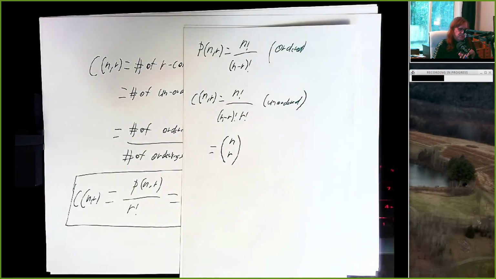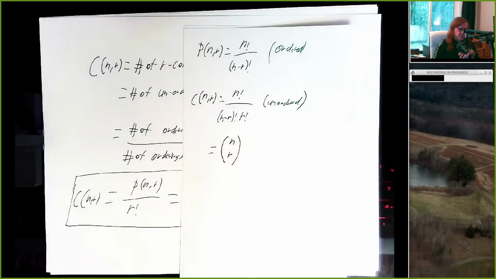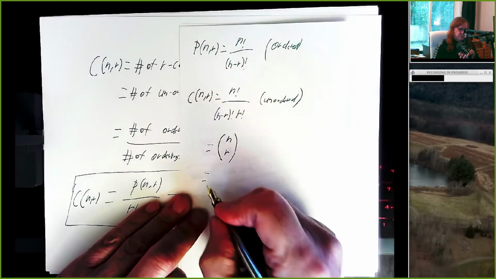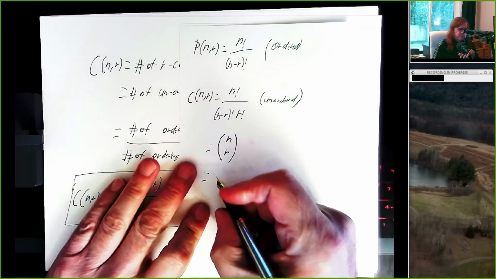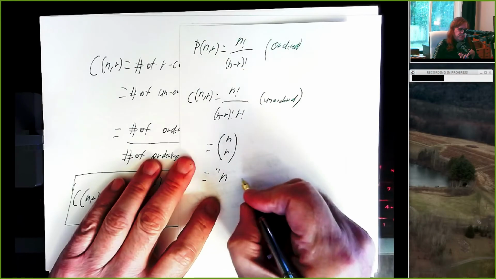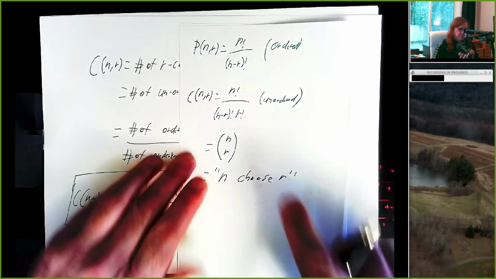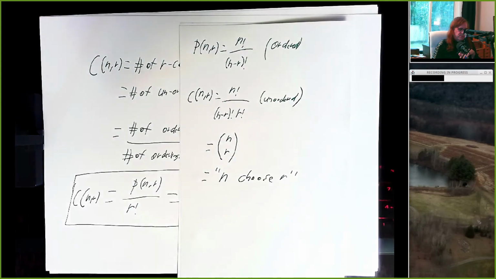That means the number of r-combinations of n objects. And that's a standard notation you'll see all over the place when you look at this topic. Is there a name for this? So we call this choosing. So n choose r. And that's probably the closest thing to a name for this.